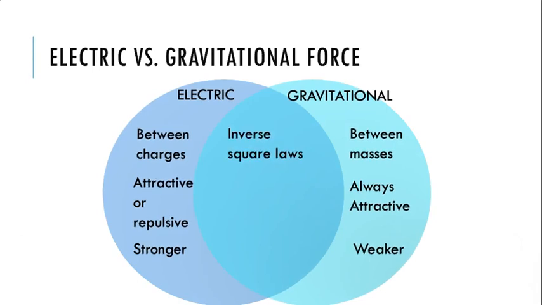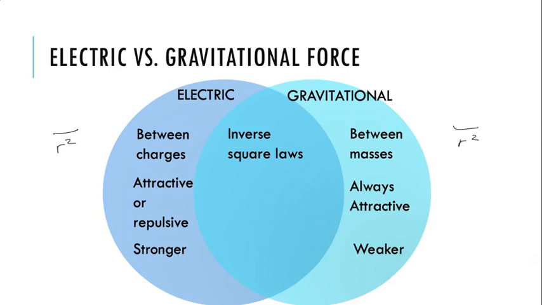How are these forces the same? Well, they're both inverse square laws, and this means that both of them have the r squared in the denominator. So they both depend on the distance between the charges or masses, but they depend on the inverse, right?